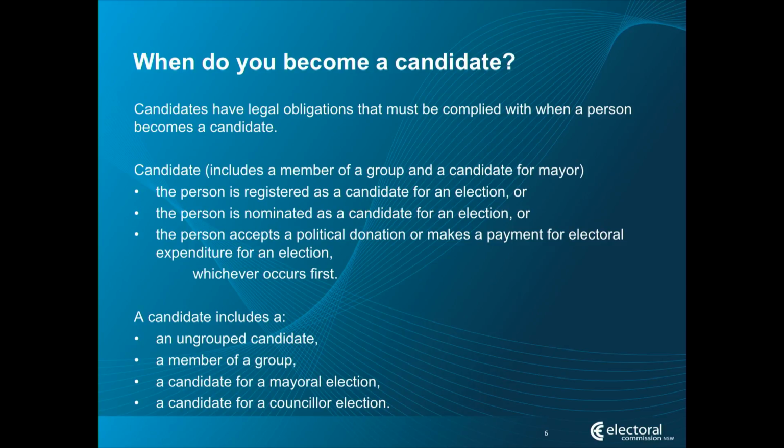A person becomes a candidate when the person is registered as a candidate for an election, or when the person is nominated as a candidate, or when the person accepts a political donation or makes a payment for electoral expenditure for the election, whichever of these comes first. Just remember that a candidate includes an ungrouped candidate, a member of a group, a candidate for a mayoral election, and a candidate for a councillor election.